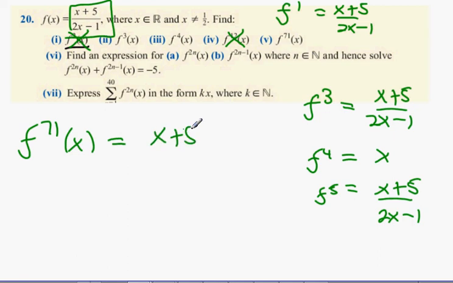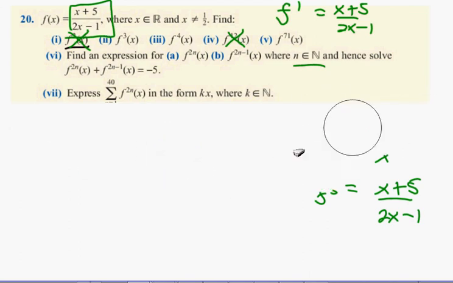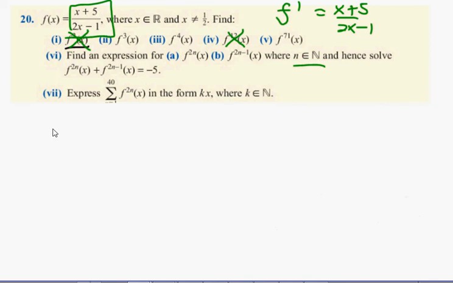Now, find an expression for f of 2n where n is an element of the natural numbers. Alright, n is a natural number. What are natural numbers? Start off with the very first natural number: 1, 0 is not included, all the way up. Do you understand? Now, that's n.